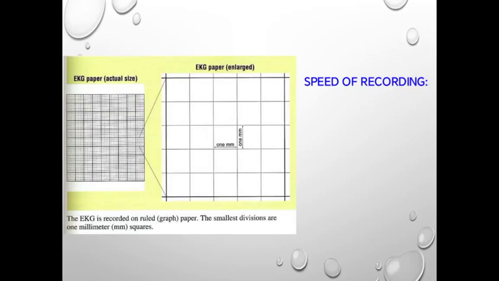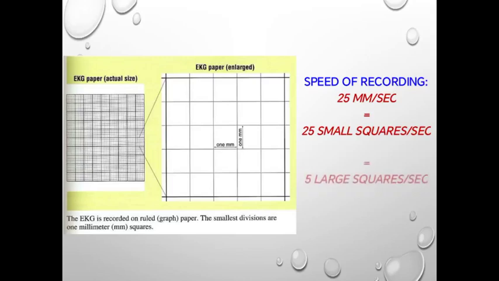Speed of recording. Why do we say this? The speed is 25 millimeters per second. That means 25 small squares per second, because one small square is equal to 1 millimeter. That means this is 5 large squares.